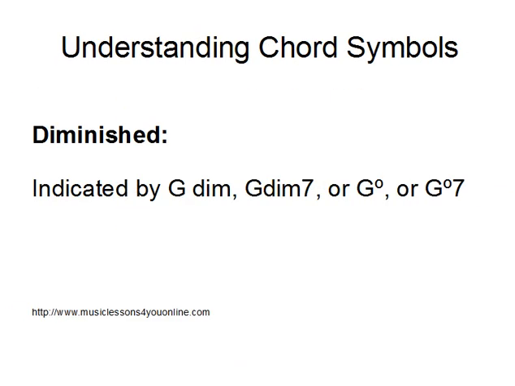That's the only kind of gray zone. And then there's diminished, and that's indicated by DIM, or dim 7, or sometimes the little degree symbol, or the little degree symbol 7. Those are it. That's it, guys. There's only a few of them.